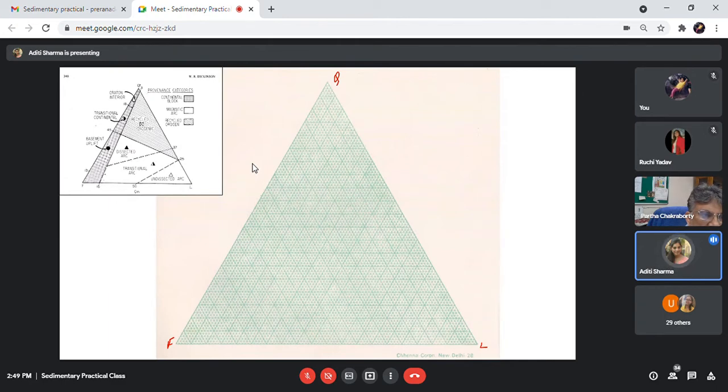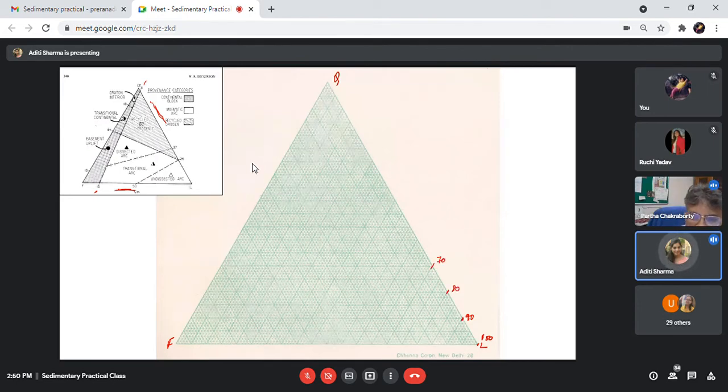If I consider this 3 to 15 line, you see that this axis and this axis are representing your lithic clasts. If I have to mark 3 here, I will consider that your lithic fragment is 100 here. It will be 90 here if I divide it like this, then 80, then 70.